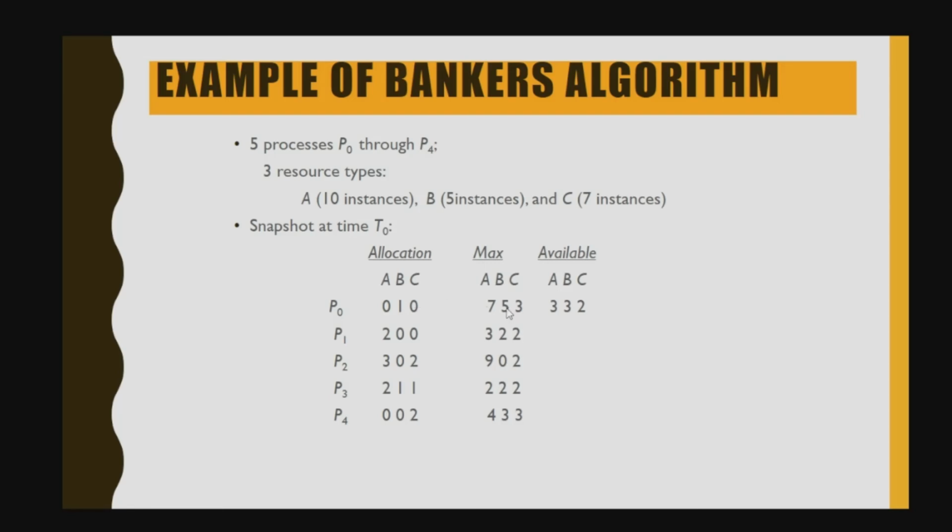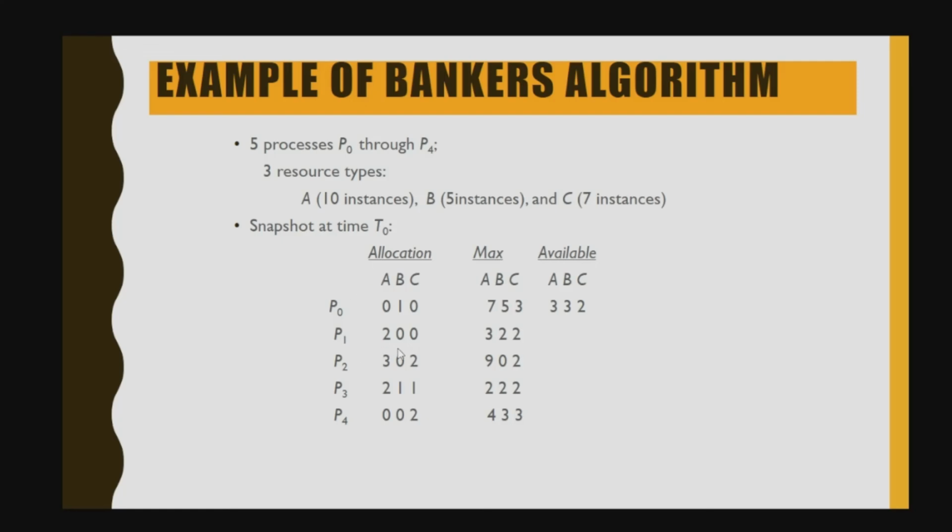The maximum for process 0 is 7, 5, and 3. This one is the maximum. And available, we have 3, 3, and 2: 3 for A, 3 for B, and 2 for C.